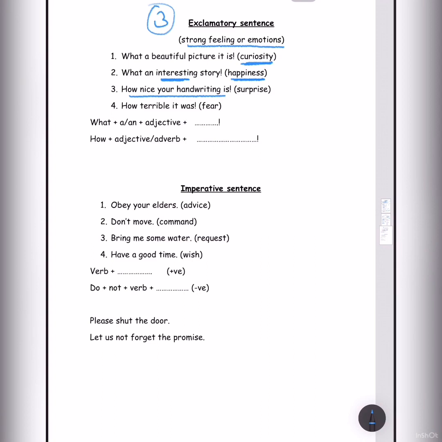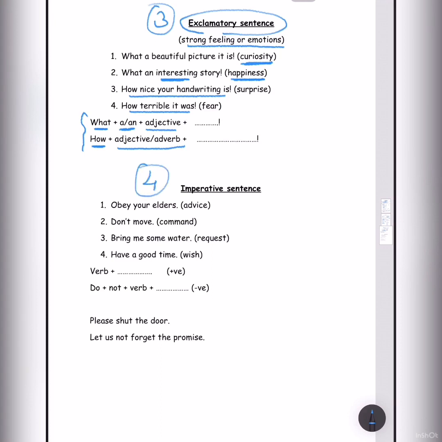If you see somebody's handwriting and you are quite surprised, you can say how nice your handwriting is. How terrible it was. It shows fear. Generally, the format of exclamatory sentences, when it starts with what, it will have an article and then adjective. And if it starts with how, it will have adjective or adverb.